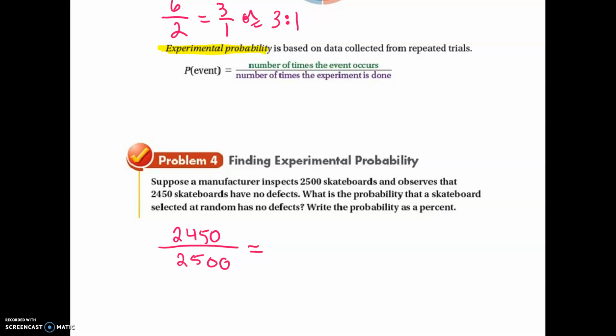So we can see that that is 0.98 if you divide those. And that would be the probability that a skateboard selected has no defects. And then we could also write that as a %. So we could say, hey, 98% of the time, you're going to pick a skateboard that doesn't have any defects.